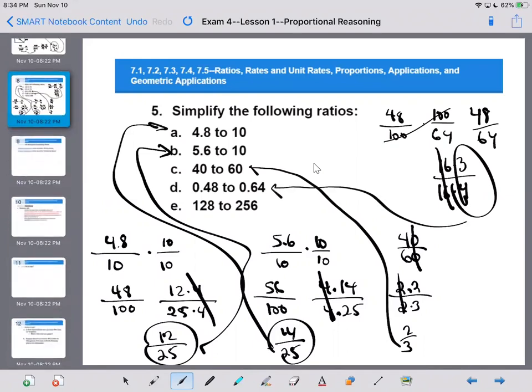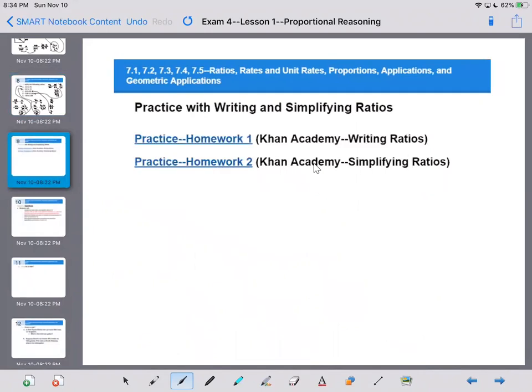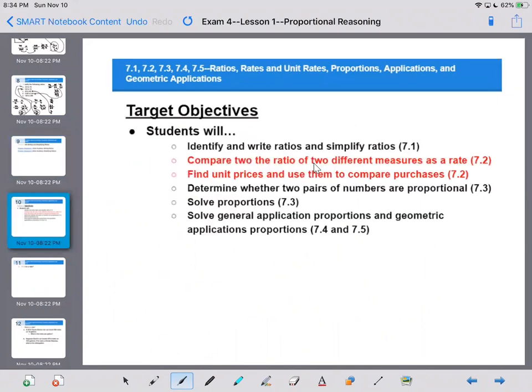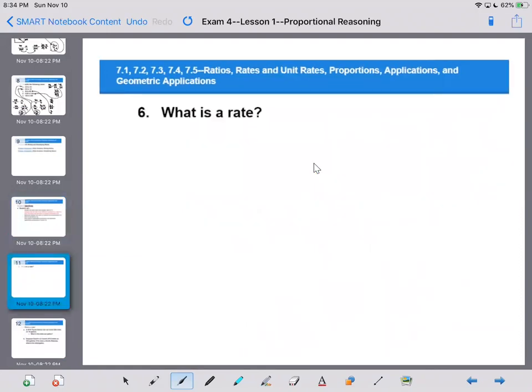Here you have some more practice. If you want to simplify ratios, try the two homework links. The next part of our objective is to be able to compare two different ratios with different measures, and also look at unit rates as well. When we think about a rate, we're talking about a comparison again of two quantities.